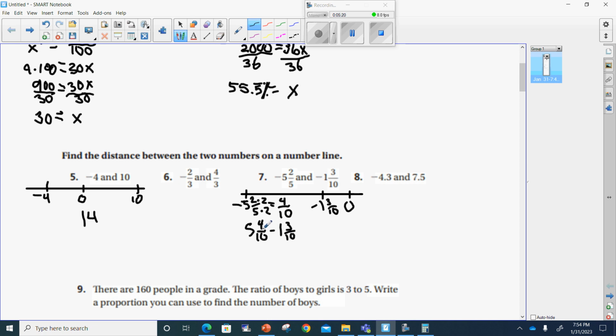And when I take my fractions, 4 minus 3, some people think it's a lot easier to do it this way, 5 4/10. And for all intents and purposes and visual aids, I'm going to do that. Minus 1 3/10. We see that we're going to take 4 minus 3, that's going to give us 1/10, right? And then 5 minus 1, that's going to give us 4. So 4 1/10 is my answer, 4 1/10.